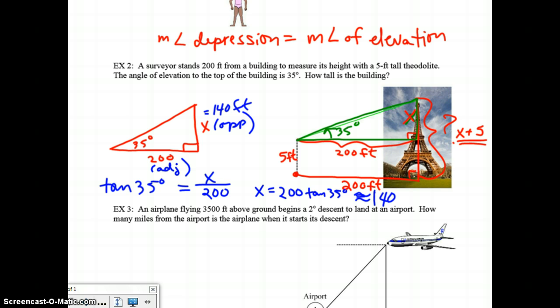Now that's just x. I want the height of the building, which tells me that I have to take x plus 5 feet. So I'm going to take 140 feet plus 5 feet, which is 145 feet, and that's the height of my building.